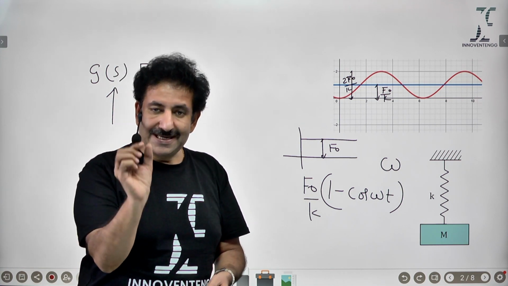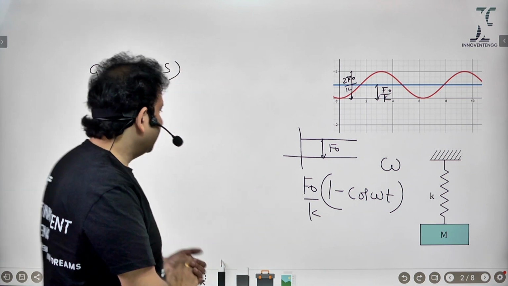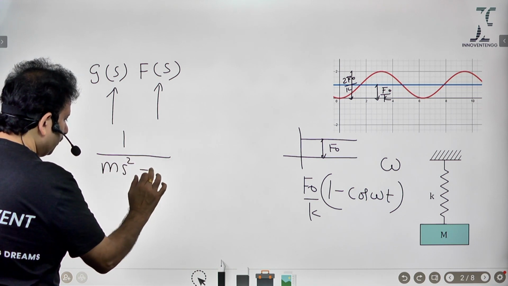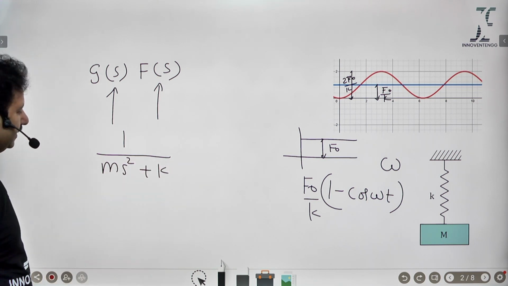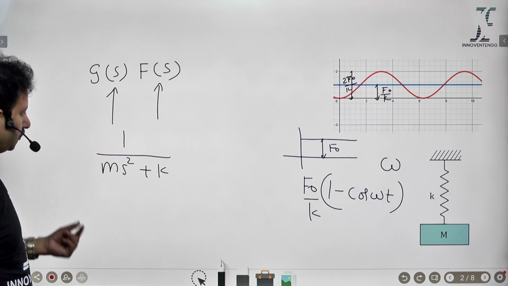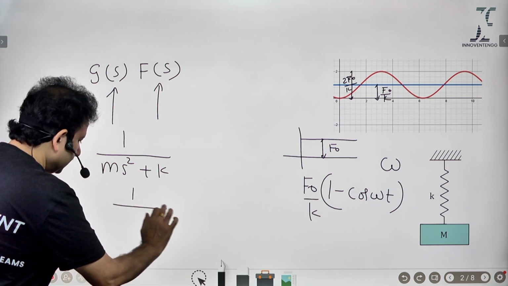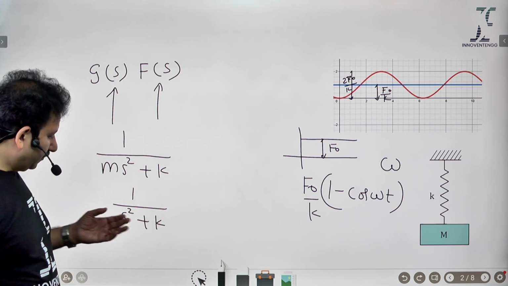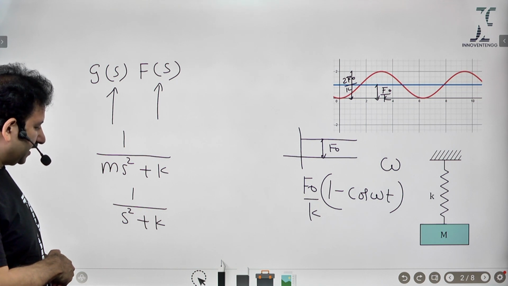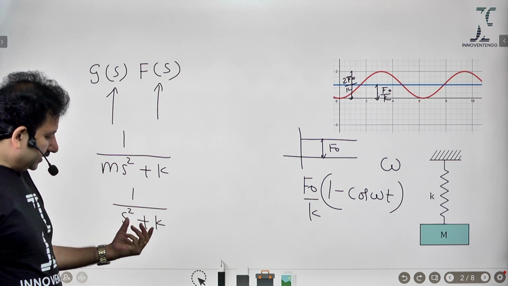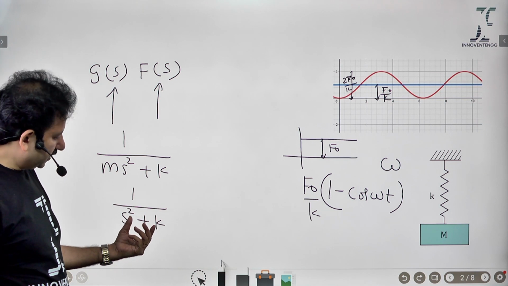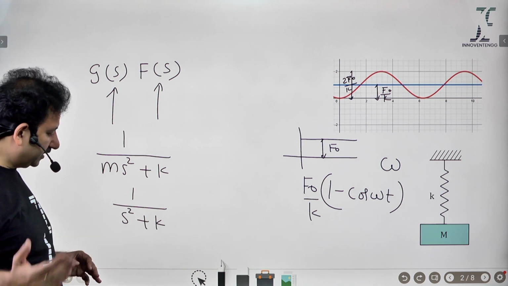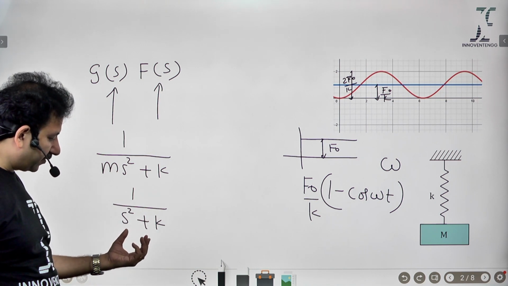If I drop the letter c, that is c is equal to 0, then the transfer function that I'm going to get is 1 by m s square plus k, right? And if I assume m is equal to 1, the transfer function that I am going to get is 1 by s square plus k. I would do one more step here for mathematical convenience, because I know this is the Laplace transform that represents the transfer function of the system. But in order to implement the convolution theorem, I need the inverse Laplace transform of this.